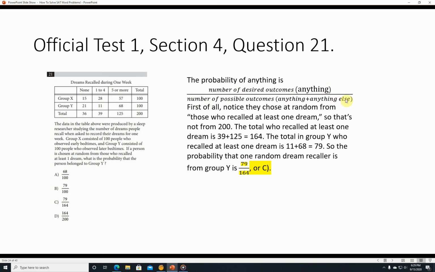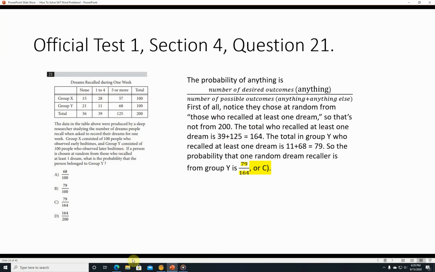I know it looks like we're multiplying these two together, but we're not. First of all, notice that they chose at random from those who recalled at least one dream. So we're not even going to look at the people who didn't recall any dreams. So that's not out of 200, which would be the total. The total who recalled at least one dream is 39 plus 125.